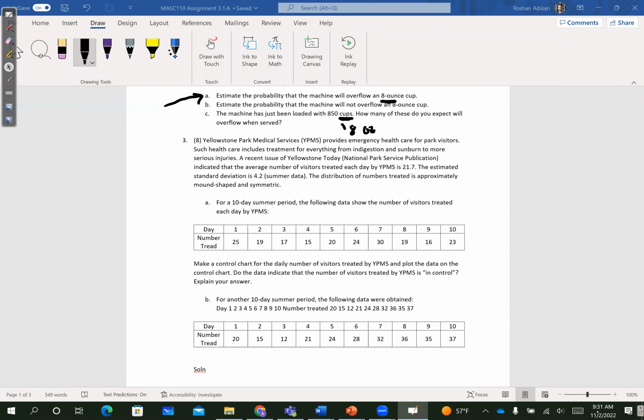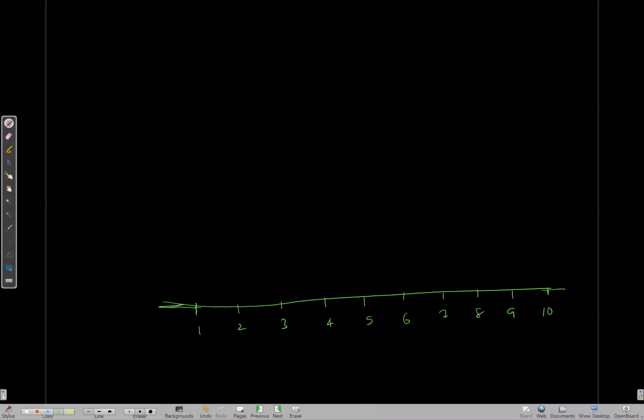And the number of visitors, right? So you see 25, 19. What is the lowest? I see 15, and what's the largest? 30. So you have to pick the lowest and largest and then make some scale. So it was 15.